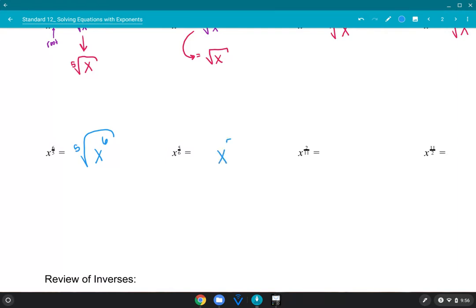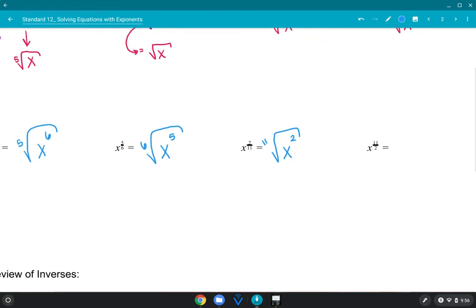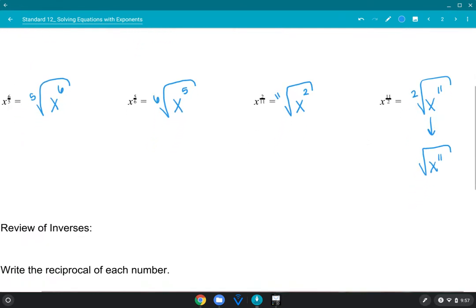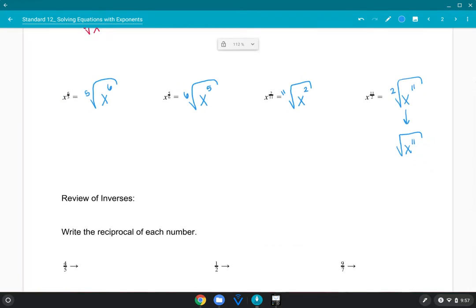The power is 5, but the root is 6. The power is 2, and the root is 11. And the power is 11, and the root is 2. This one we can rewrite to look like this, because we don't usually write down second root. We just write down square root.